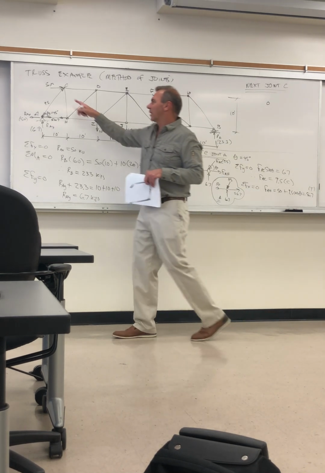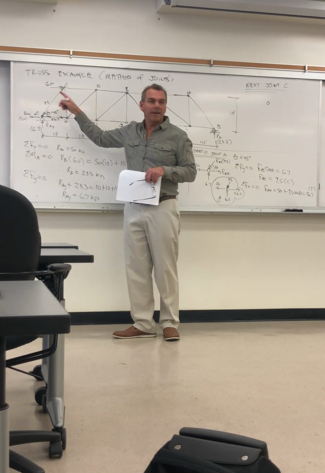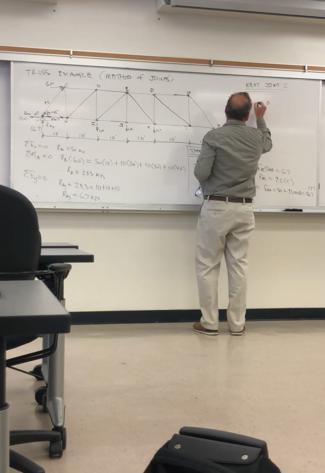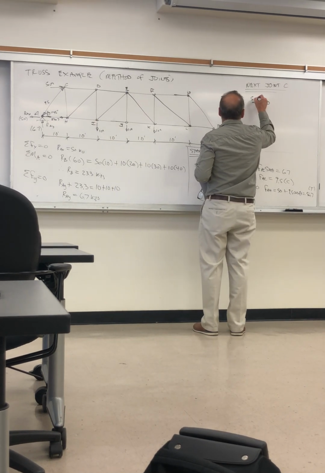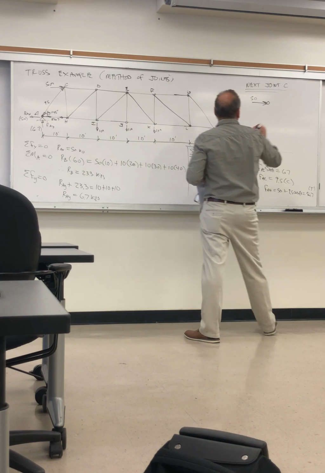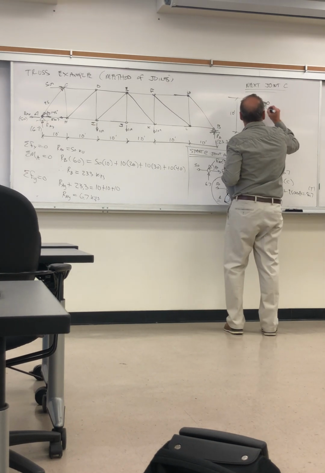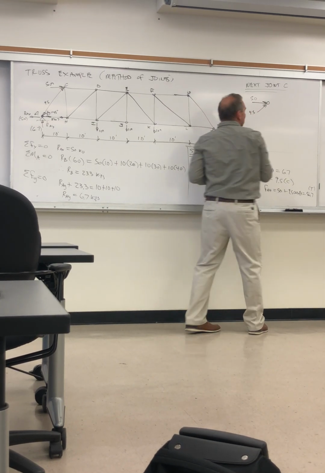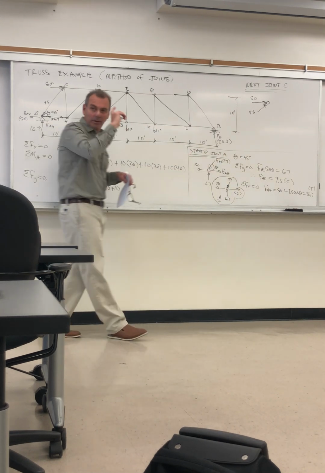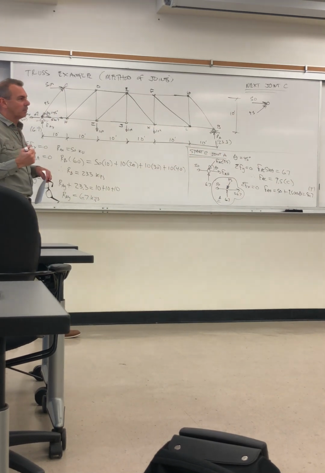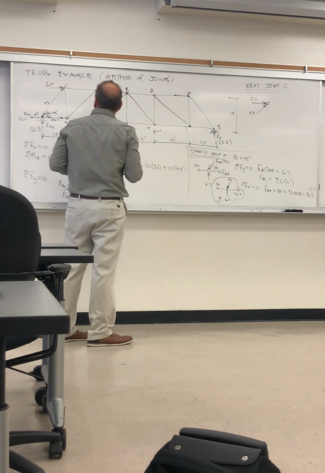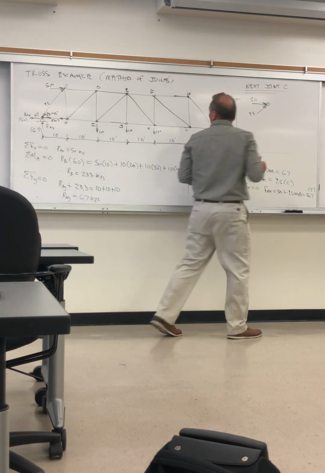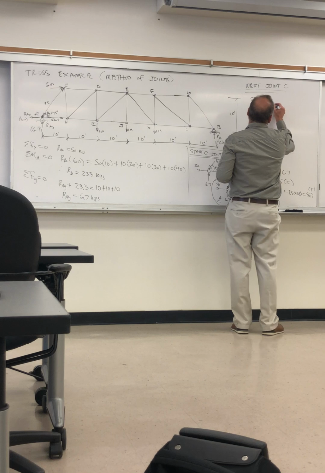In this case, there's an external load. You need to include that. So it's 50. Right? And I have the 9.5 coming up like this. That's compression, so it's pushing out on the joint, away. And then I have F of CD.